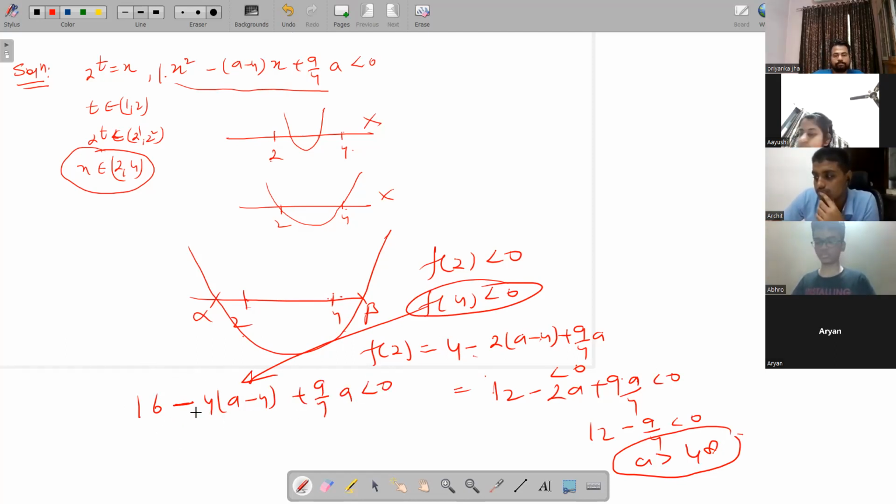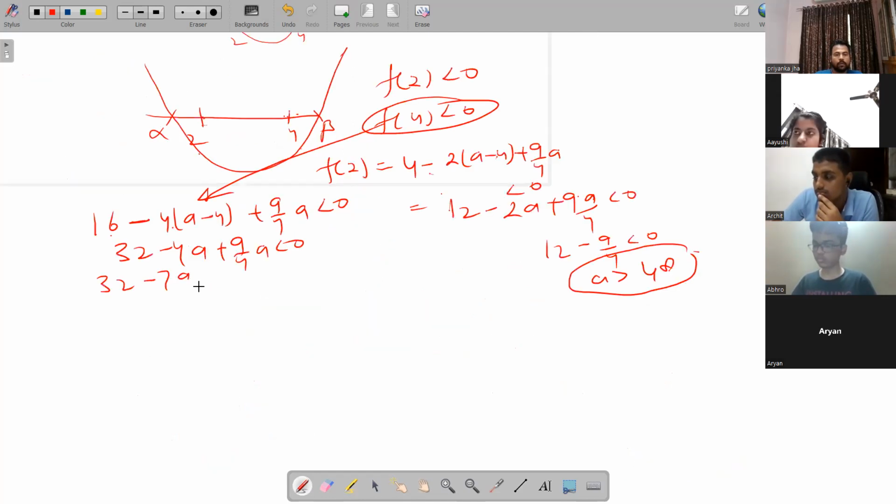So 16 plus 16, that is 32 minus 4a plus 9 by 4a less than 0. So 32 minus 7a by 4 is less than 0. So 7a is greater than 128. A is more than 128 by 7.